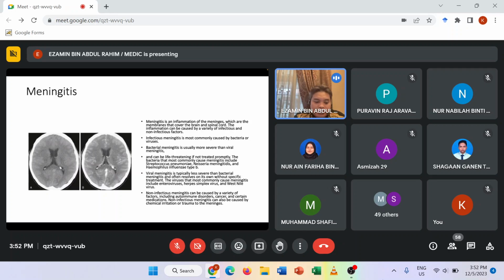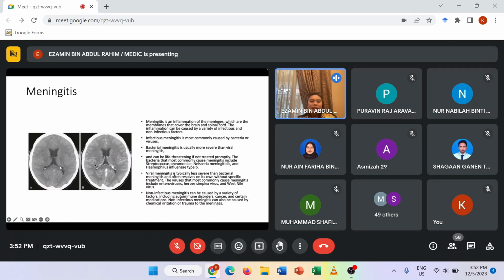And then meningitis. Okay, meningitis is quite common. This one is plain, this one is with contrast, if you notice. And then when you give contrast, it will light up all the vessels of the meninges.